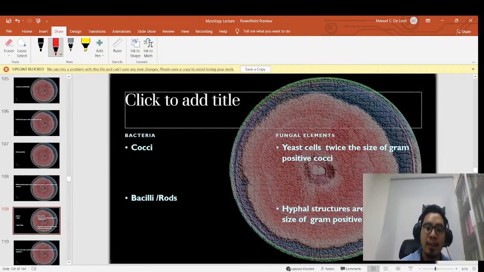Is that correct? Oh yes, I still remember this one. So these are your fungal elements. Bacteria, we have cocci. Yeasts are twice as large as cocci, rather. Bacilli are two to three times smaller than hyphal structures.